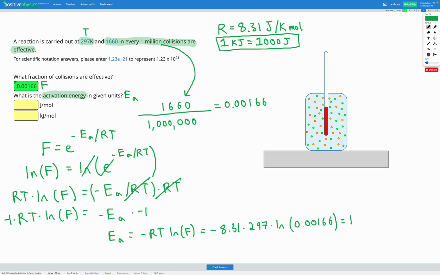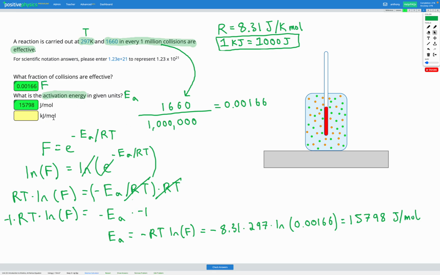That gets us 15,798 joules per mole. That's our activation energy, 15,798 joules per mole. So we can go and fill that in here in our first box. The reason why it came out in units of joules per mole is because R, the gas constant, is measured in joules per Kelvin mole. So that's why we ended up with joules per mole.